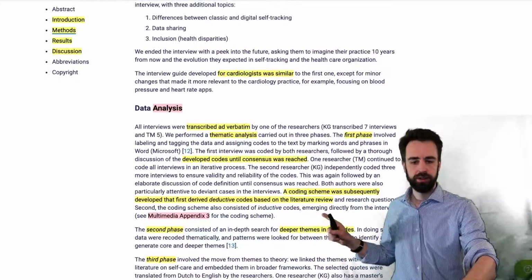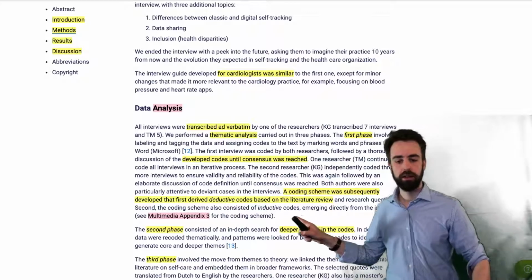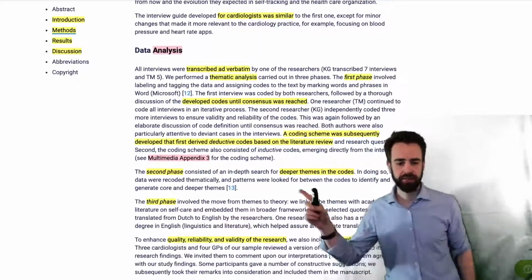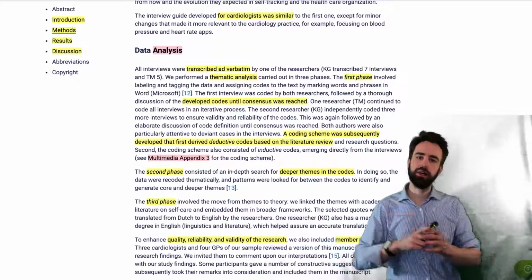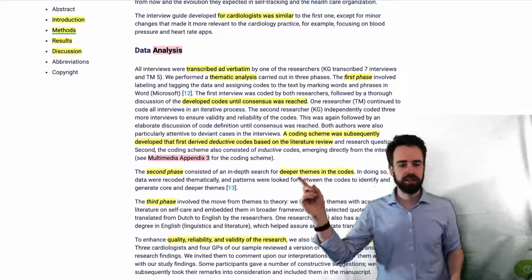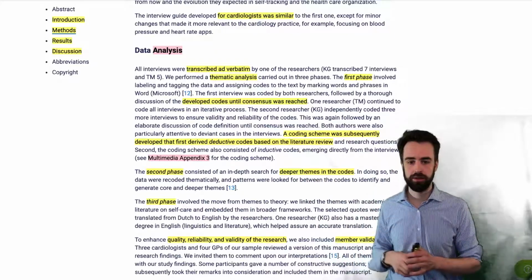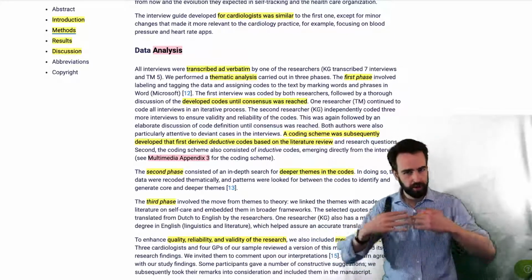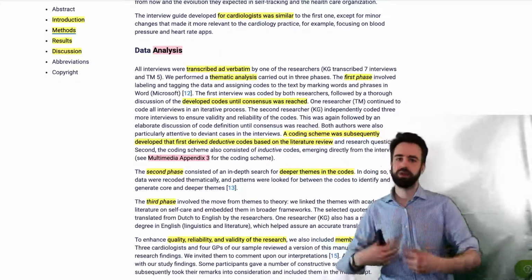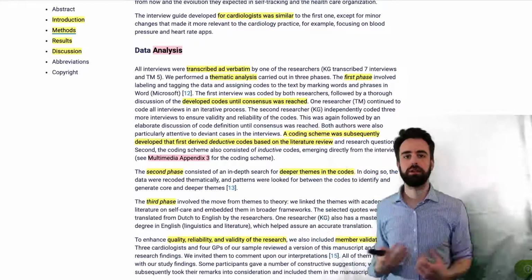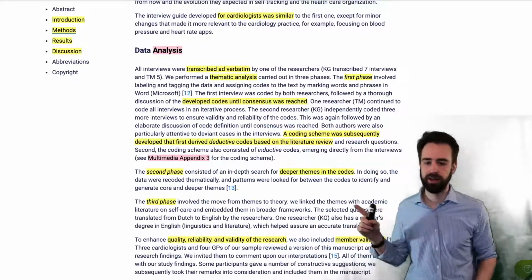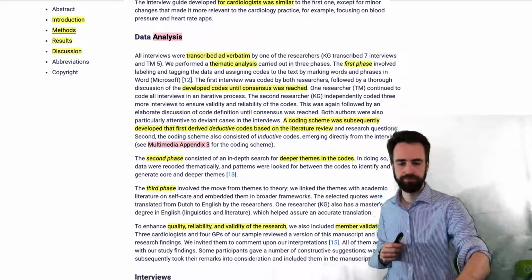Both these coding schemes are also in the appendix, so you can look that up. In the second phase, they looked at these codes at a higher level of abstraction. So they looked at the deeper themes behind these codes. And in the third phase, they went a little bit higher still and tried to link these themes to theoretical concepts. And with that, they also tried to link it back to the academic literature.